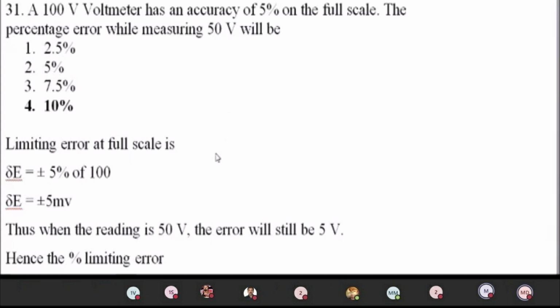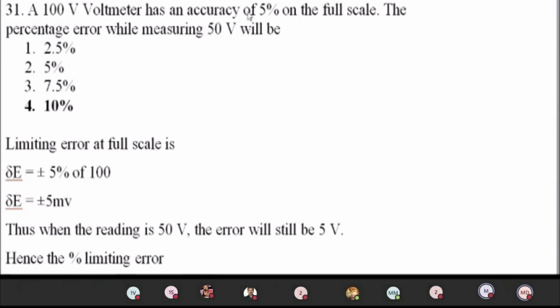Okay, again one more different type regarding the error. A 100 volt voltmeter has an accuracy of 5% on the full scale. The percentage error while measuring 50 volt will be? The limiting error at full scale, that is del E, is equal to plus or minus 5% of 100.